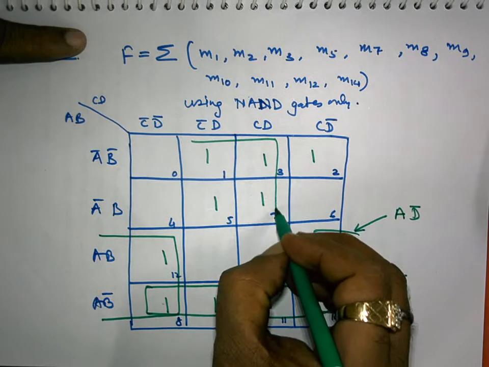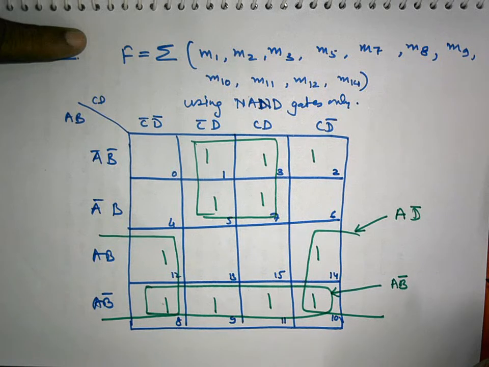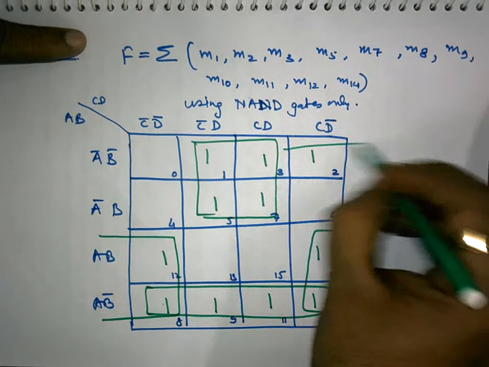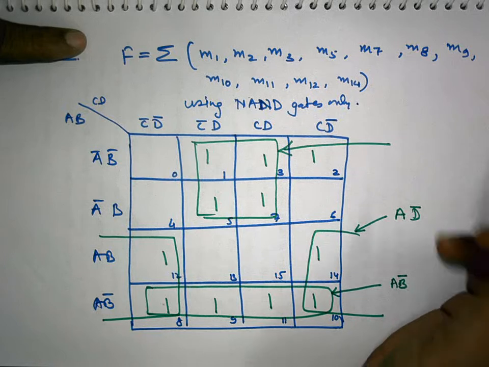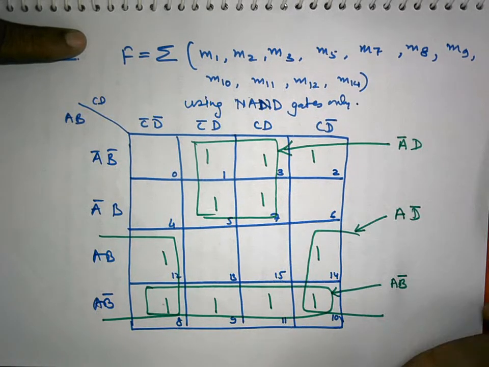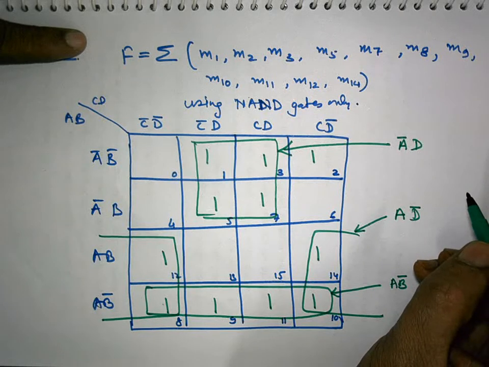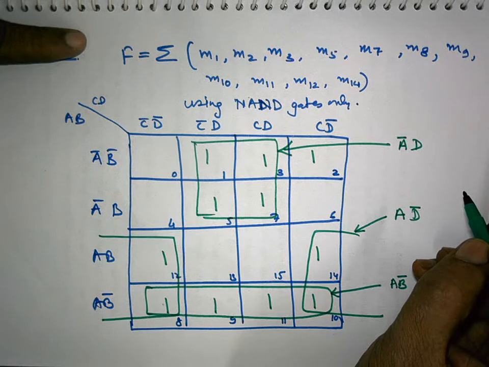This is one of the quads. What is the variable coming out of it? A bar D. Good. And is there any other chance to form any quad?